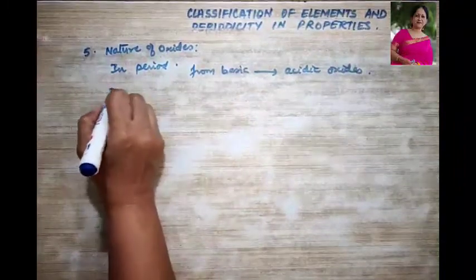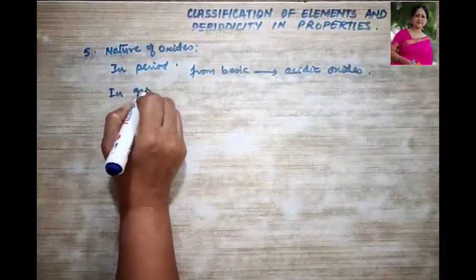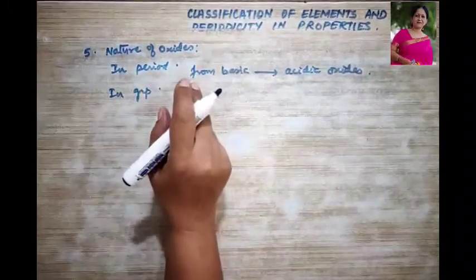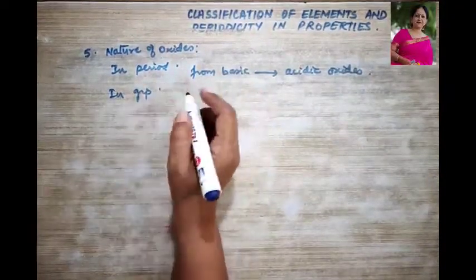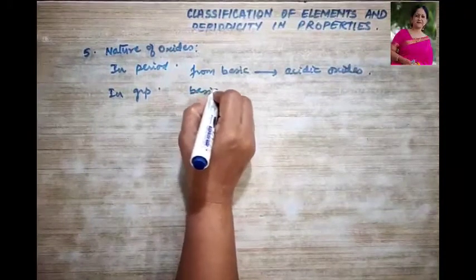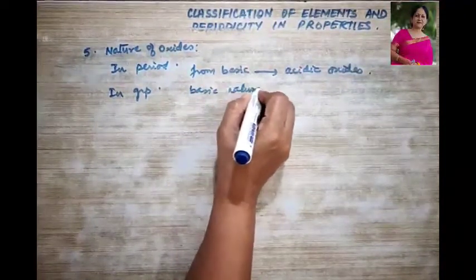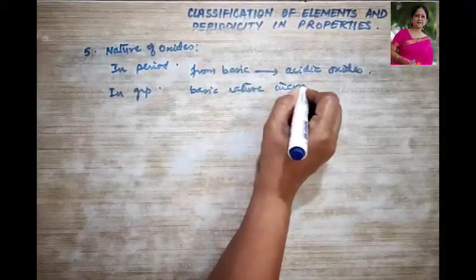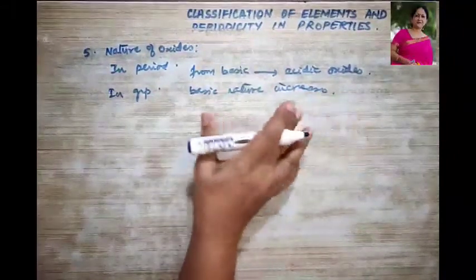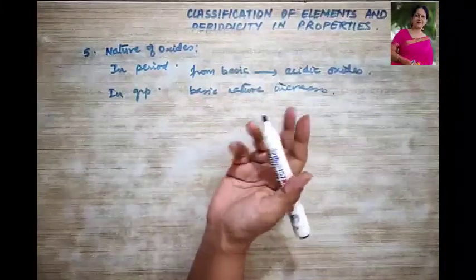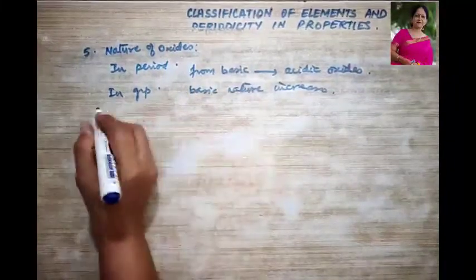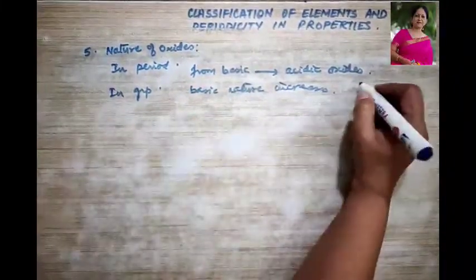And in a group, what happens? In a group, the basic nature increases, or you may say that the acidic nature decreases. Oxides of metals are generally basic, and oxides of non-metals are acidic. I hope you all know that. So I'll write it down somewhere over here.